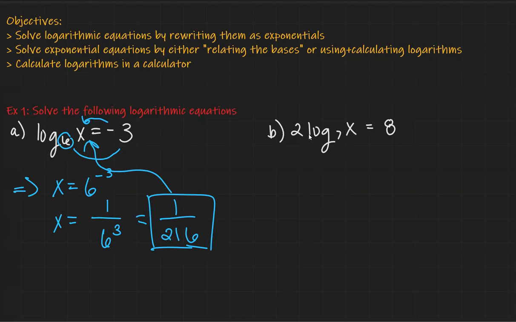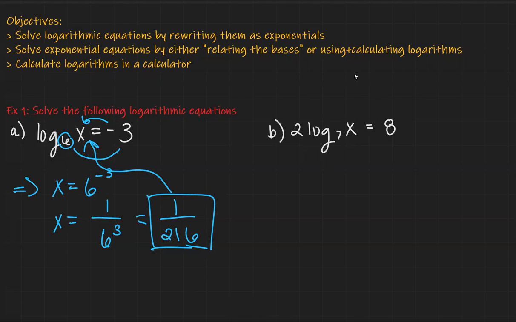Next one. 2 times log base 7 of x is equal to 8. Before we solve, we need to make sure of one thing. I'm only able to do this rewriting if the logarithm is by itself.